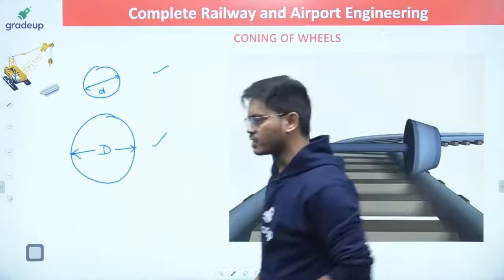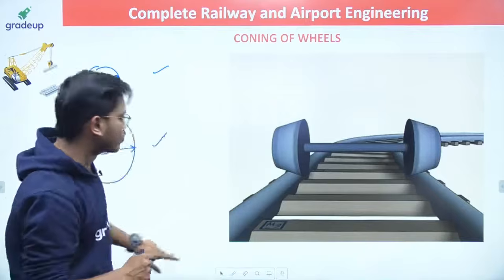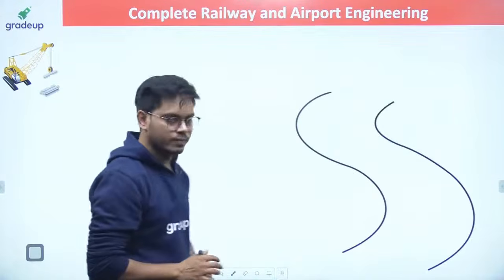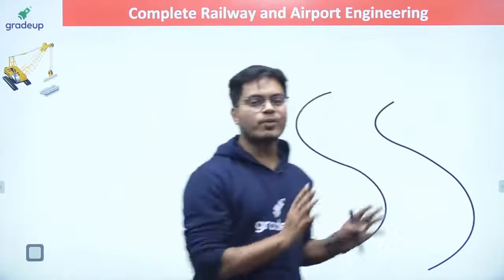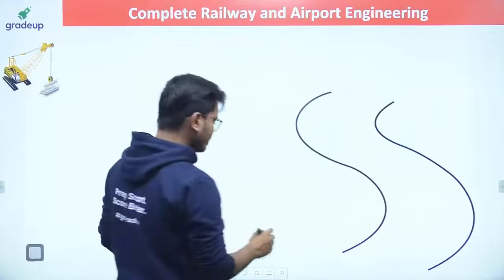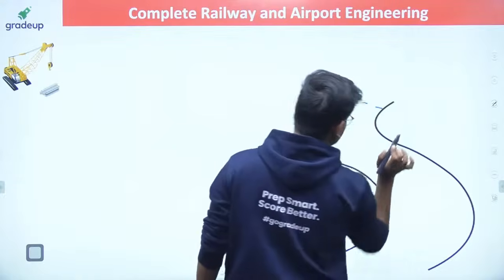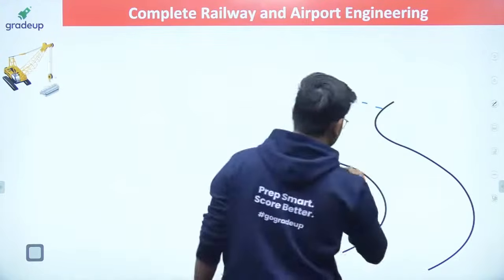That is the perfect answer. Now come back to the coning. So guys, whenever I am going to have this type of curve, this type of rail, can you see one thing here? This is the lateral section I have made.